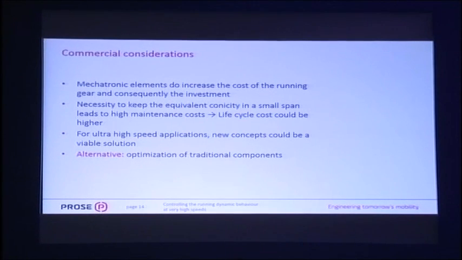So some commercial considerations. It's quite obvious that mechatronic elements are costly, so the investment costs are obviously higher than for a classical bogie. But since you have to keep your equivalent conicity in a very small span, you have to maintain your wheel frequently and your rail.